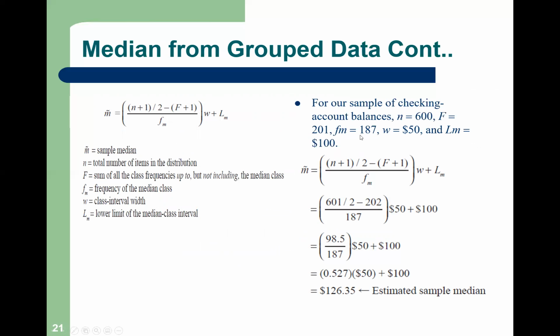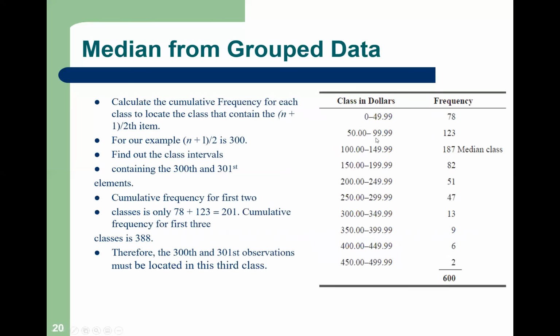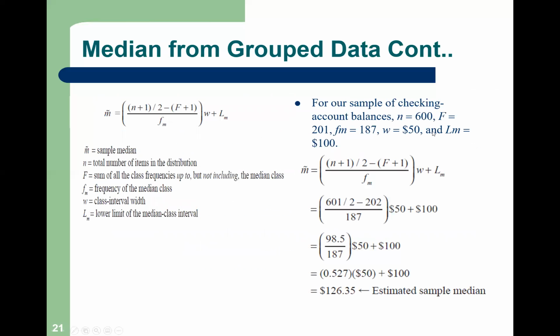Fm is the frequency of the median class, which was 187. W represents the class interval width. Here you can see the width is 50, so we use 50, and Lm is the lower limit of the median class, that was 100. We put all these values in this formula, and by calculating we got 126.35 as the estimated sample median for our example.